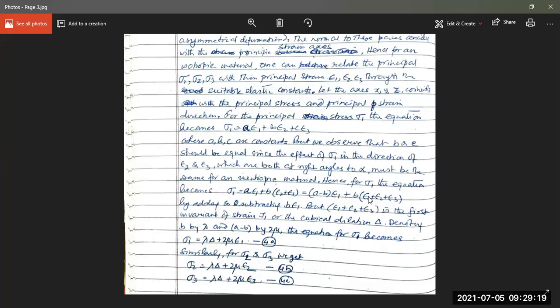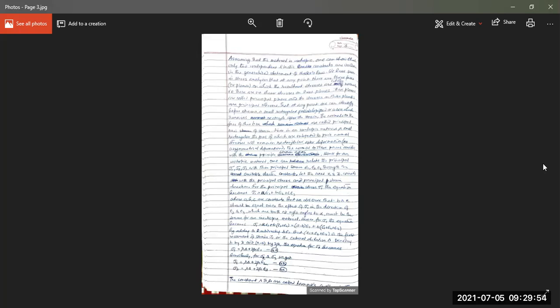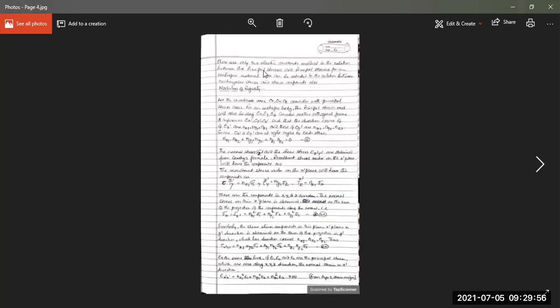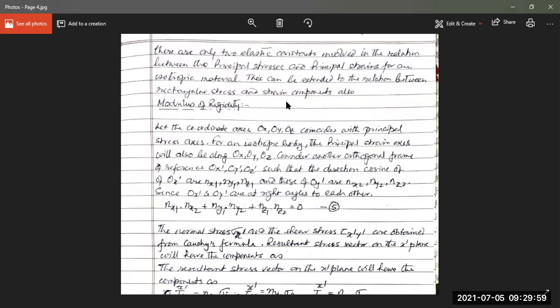What we are doing here is putting epsilon 1 plus epsilon 2 plus epsilon 3 equal to delta, and replacing B by lambda, and A minus B we denote by 2 mu. So these three equations relate the first principal stress sigma 1, the second principal stress sigma 2, and the third principal stress sigma 3 to the strains.